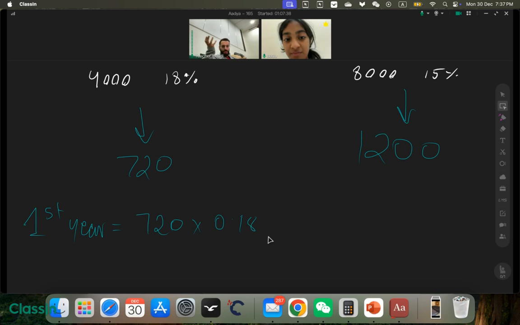What are you supposed to do with the interest amount? Multiply. Okay, I need a sentence. Interest rate multiplied with the amount. The total amount for the second year. This is something you're supposed to do for the second year.